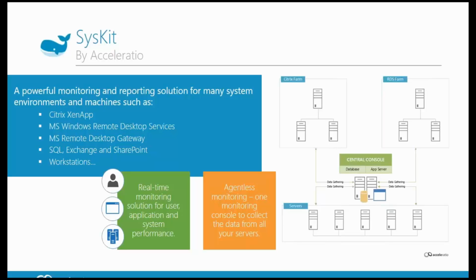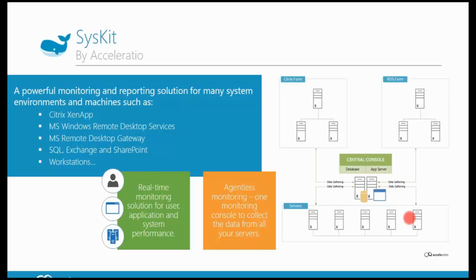This server is going to act as your central console. And then from this central console, you will be able to monitor all the servers that are located in your farm, and you will then easily be able to retrieve information from various types of servers in your data center.